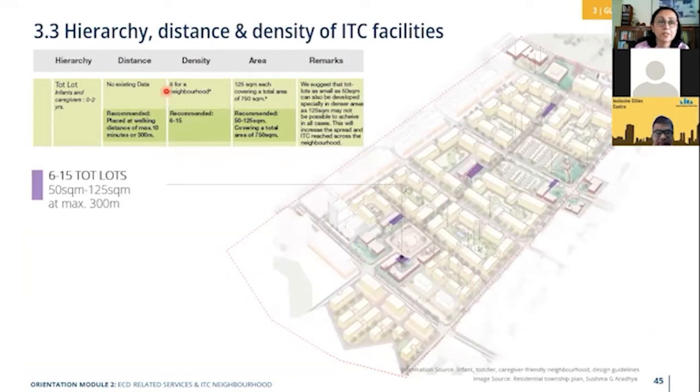So the first scale of open space that is identified in the neighborhood is called a tot lot. A tot lot is a very small park, and the area could be about 50 to 125 square meters. Now this could be absolutely very near to the house.